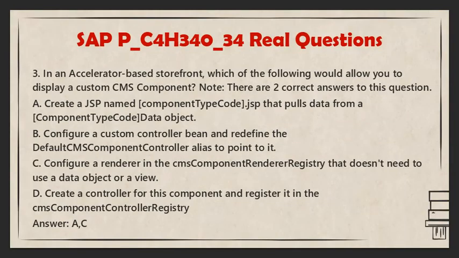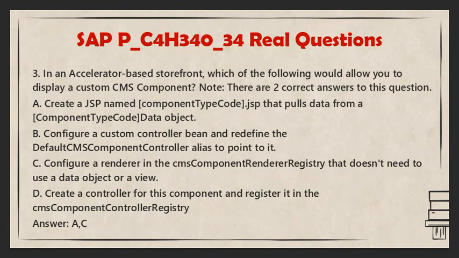3. In an accelerator-based storefront, which of the following would allow you to display a custom CMS component? Note: there are two correct answers to this question. A. Create a JSP named component typecode .jsp that pulls data from a component typecode data object.